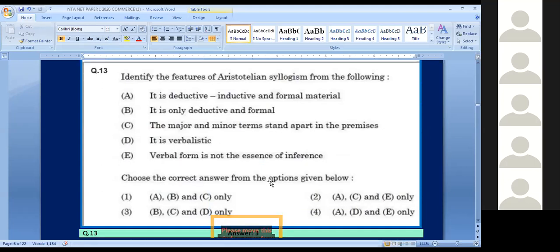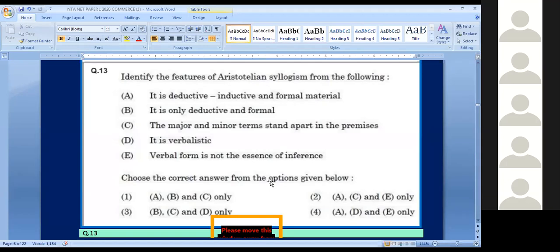Okay, identify the features of Aristotelian syllogism from the following. It is nothing but normal syllogism. Don't worry about what Aristotelian syllogism is and all. It is the normal syllogism given in logical reasoning. So it is only deductive. They are talking about it being deductive and inductive.